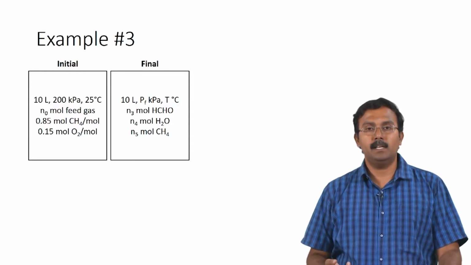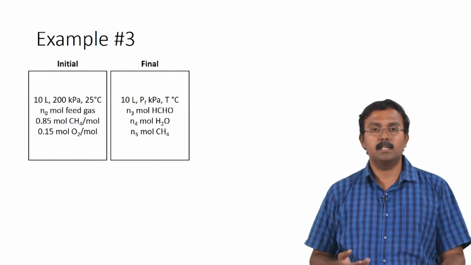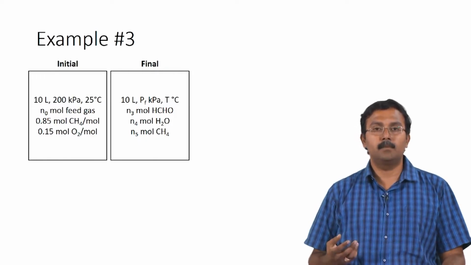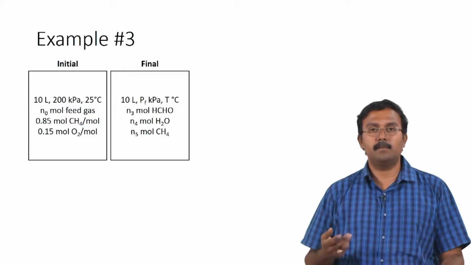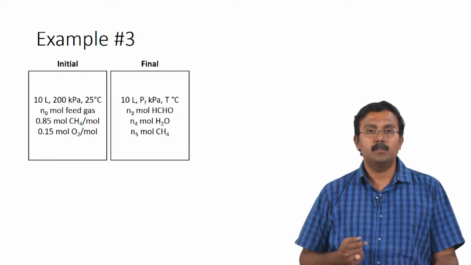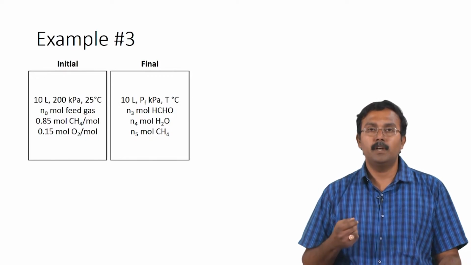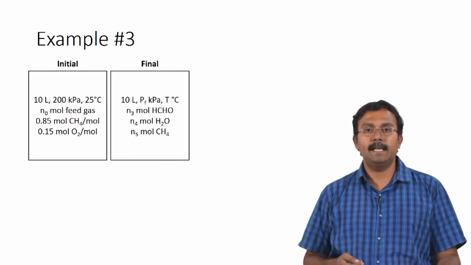The final condition would be 10 liters because it is a constant volume reaction vessel. The final pressure, which you do not know, can be given as P kilopascals and the temperature is marked as T degrees Celsius. You also have N3, N4 and N5 moles of formaldehyde, water and methane in the final condition.